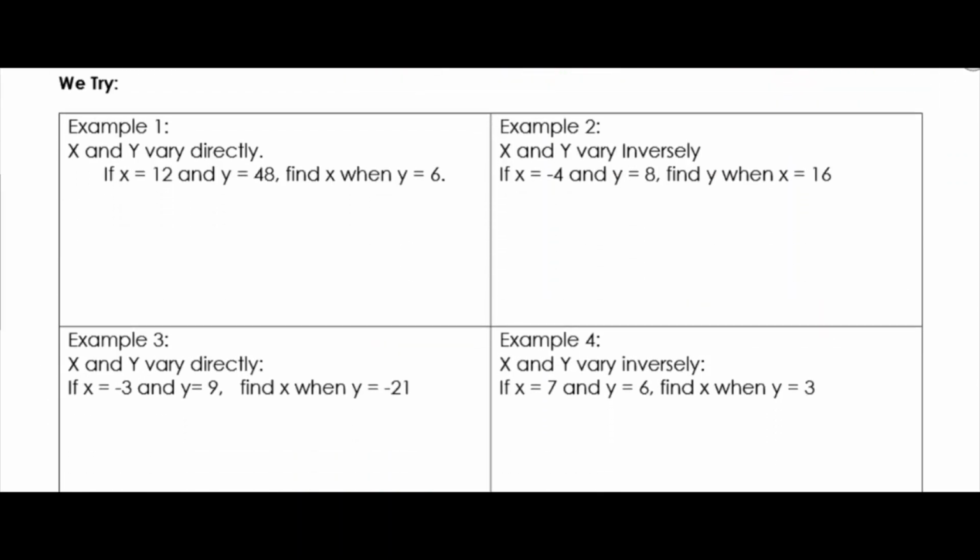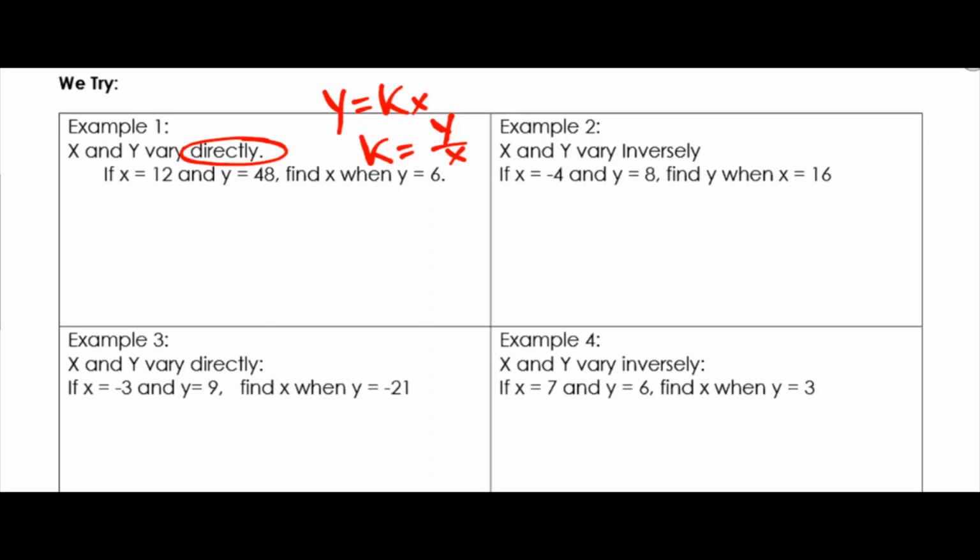In this one we're told that they vary directly. The first thing I would do is just write down the tools that you have. If you know that they vary directly, you know that y equals kx, and also that k is y over x.